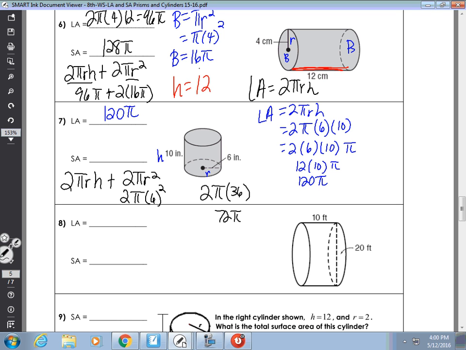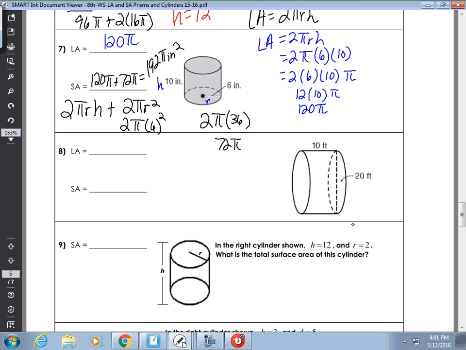So I'm really just saying 120 pi plus 72 pi equals, and I'm running out of room here, 192 pi, and that's inches squared. So all of these are dealing with cylinders.